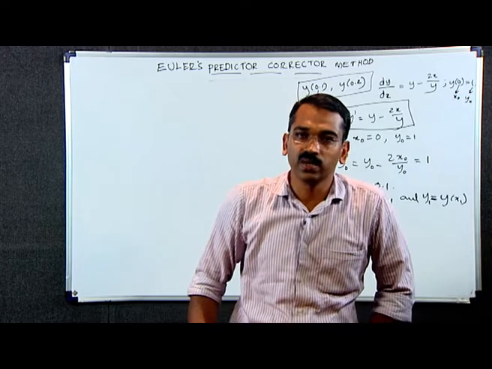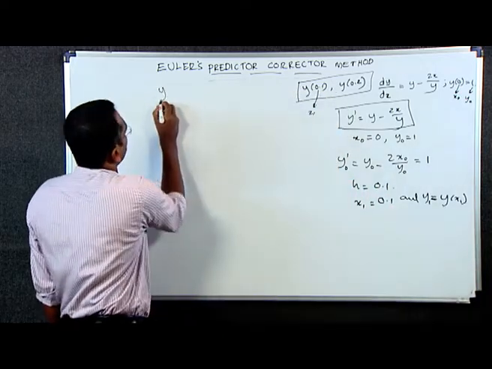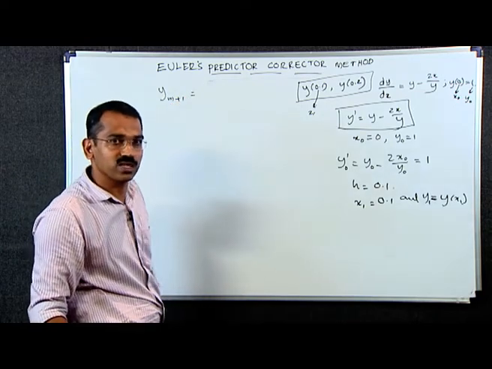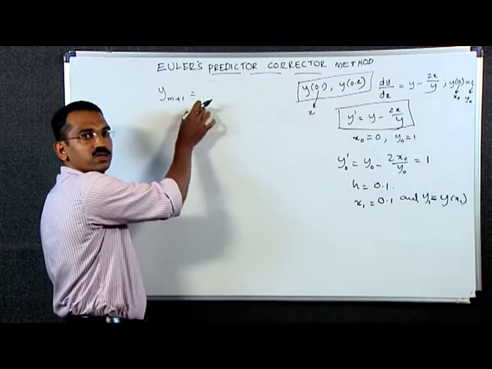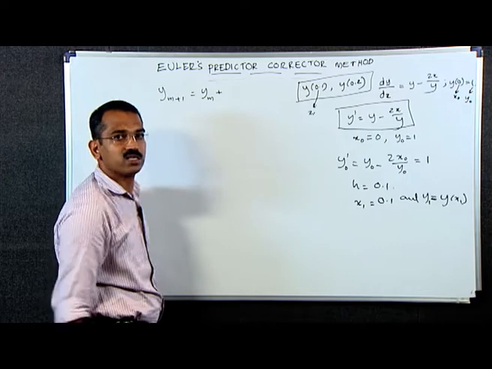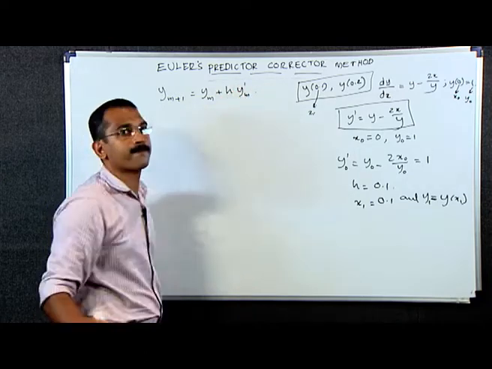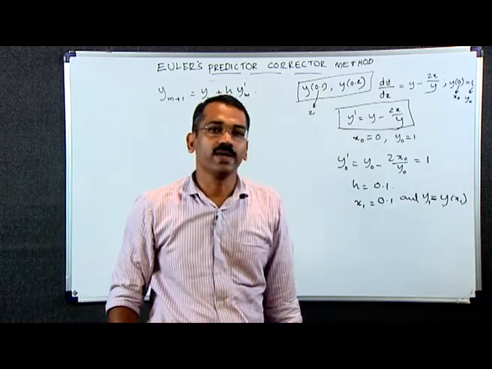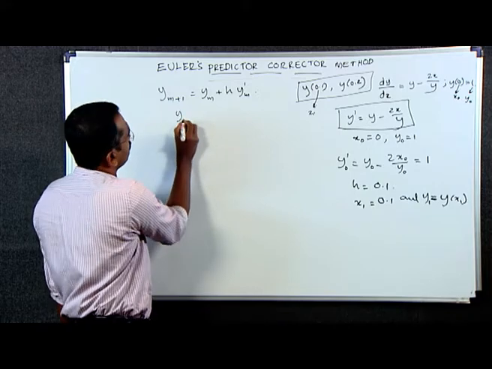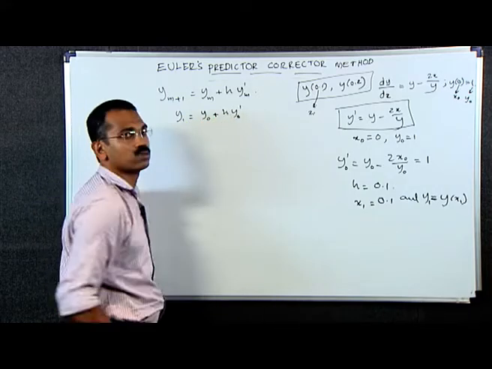By Euler's predictor formula, y m plus 1 is equal to y m plus h into y dash m. This is our predictor formula. Putting m is equal to 0, we get y1 as y naught plus h into y naught dash.